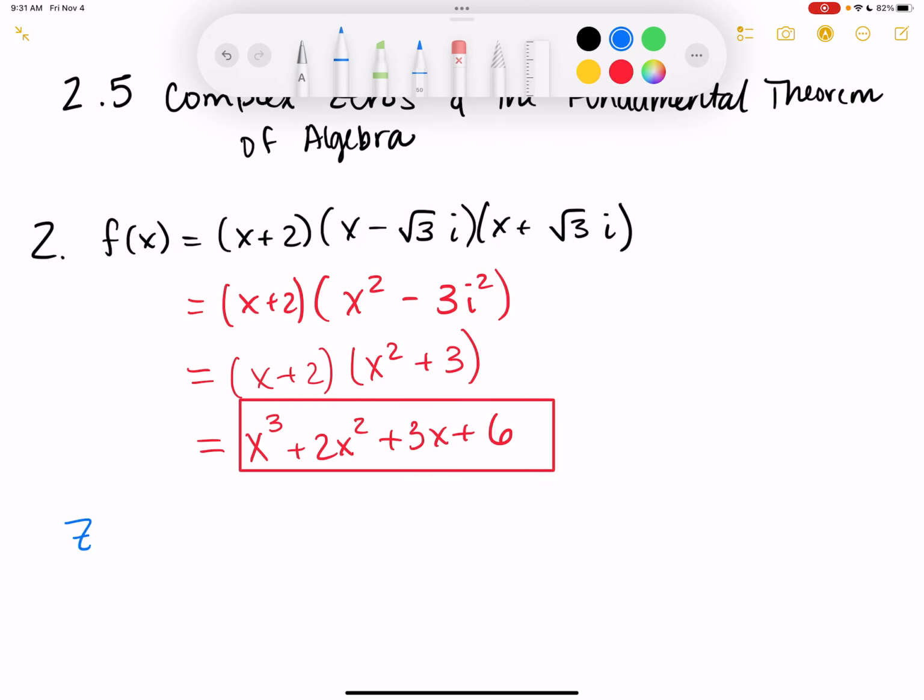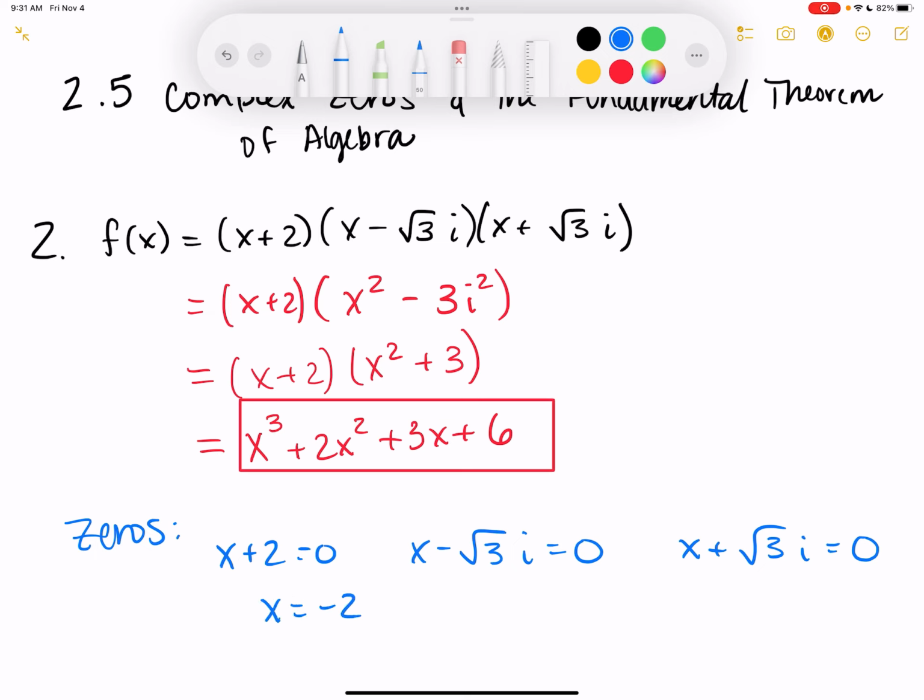Okay. So for the zeros, we just take each piece and set it equal to 0. So x plus 2 equals 0, x minus the square root of 3i equals 0, and x plus the square root of 3i equals 0. So we have that x equals negative 2, x equals the square root of 3i, x equals minus the square root of 3i. So those are my zeros.